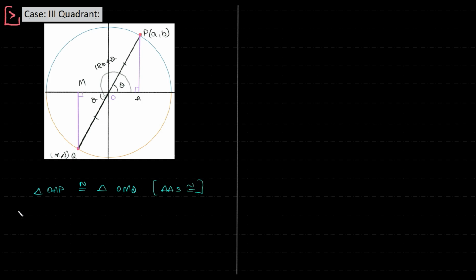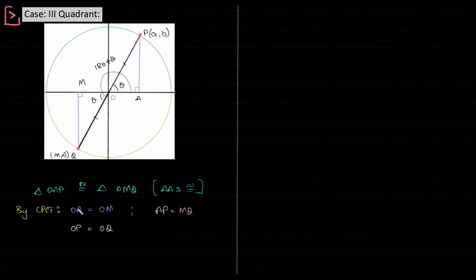Right, now by CPCT, what is it that we are looking at? OA is equal to OM. Then the other relationships are AP equal to MQ, and one more thing, OP is equal to OQ. Right?